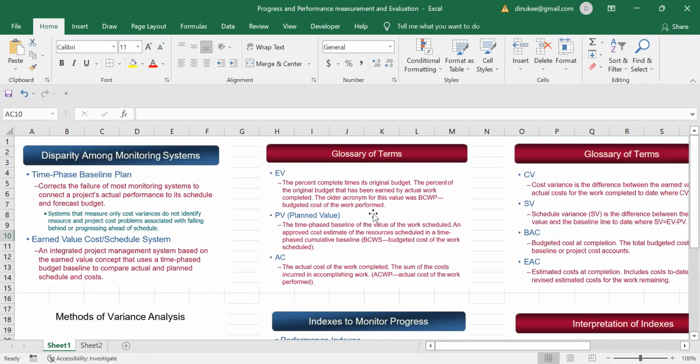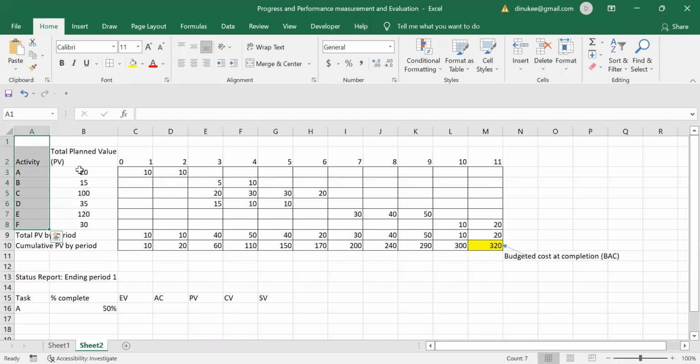In that timeline, they are mentioning that this much value we have to complete. An approved cost estimate of the resource schedule in a time phase cumulative baseline, or budgeted cost of work schedule. So PV means this much value that after completing activity A, we want to get this value, right? So after completing activity A, we will be getting the planned value of 20, right?